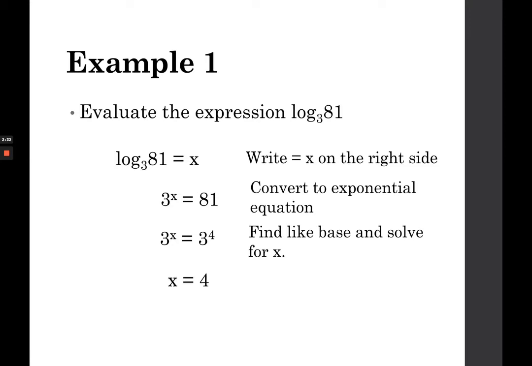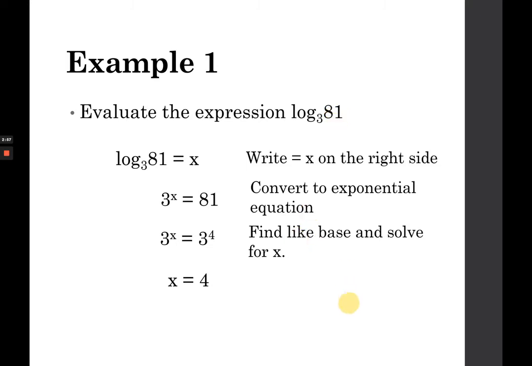X is equal to 4. Therefore, the logarithm base 3 of 81 is equal to 4. That means 3 is multiplied 4 times to itself: 3 times 3 times 3 times 3, and it is equal to 81.